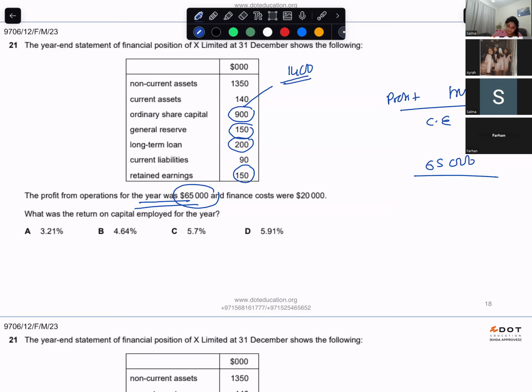Otherwise, 900 plus 150 plus 200 plus 150, 1400. So you can do it either way, but this is easier. Give me the return on capital employed. It's 4.64, option B.